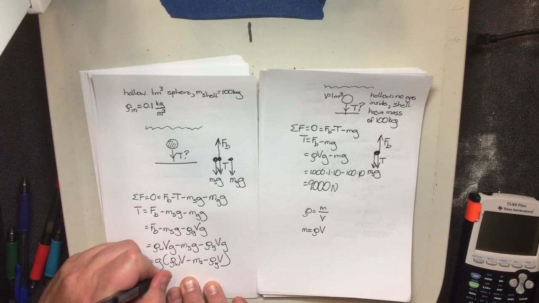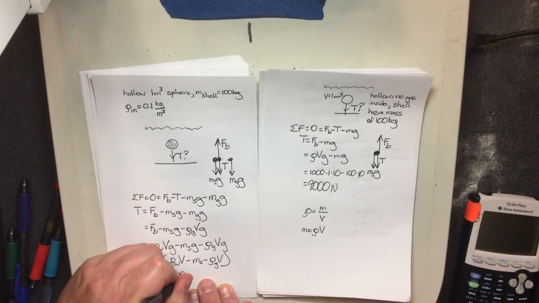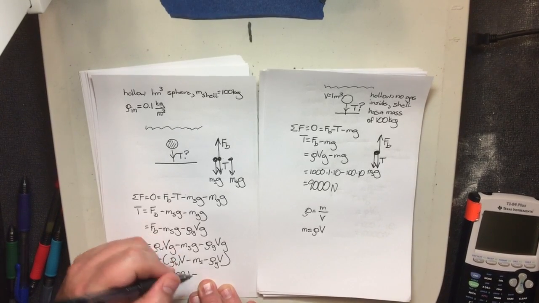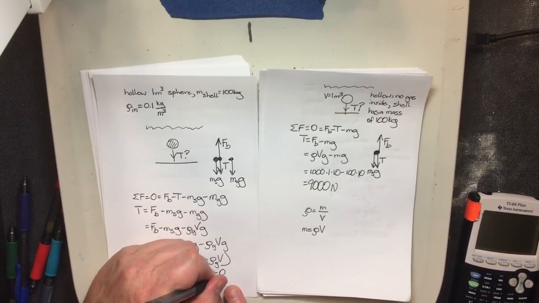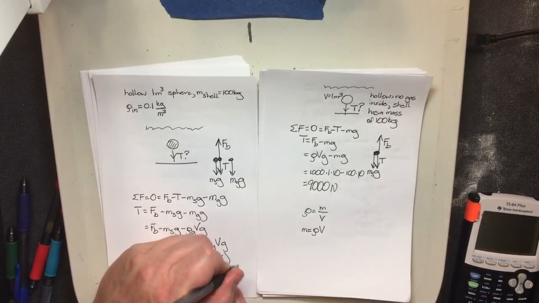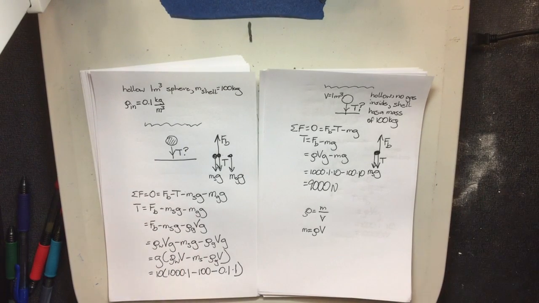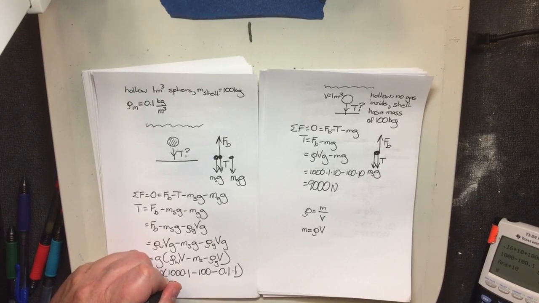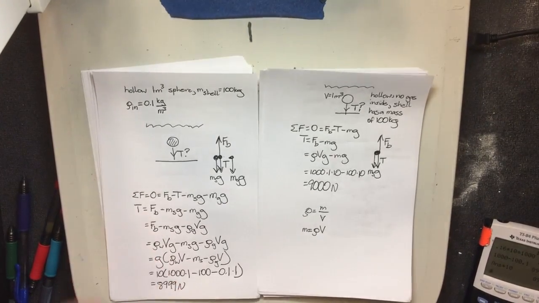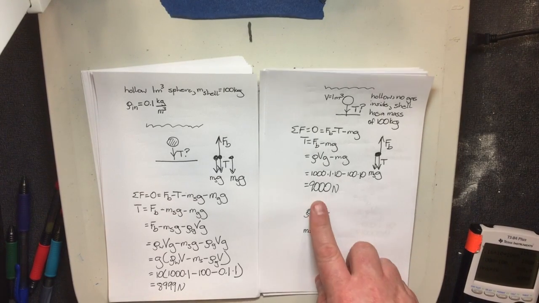Gravity 10, density of the water 1000, volume is 1, mass of the shell is 100, density of the gas 0.1, volume 1. Now, the lesson for all of this, because the number that we're going to get is 8,999 newtons. It's very close to this.